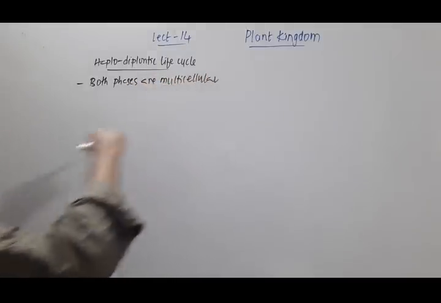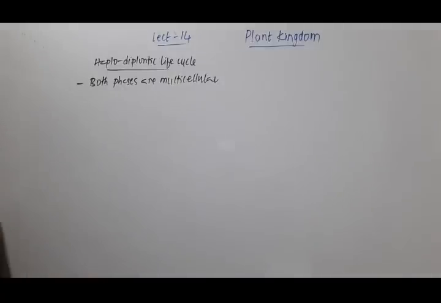You have seen in earlier cases, in some cases the sporophyte is multicellular, in some cases the sporophyte is a single cell, and in some cases the gametophyte is few celled, and in some cases multicellular. But haplodiplontic life cycle is actually an intermediate condition between haplontic and diplontic life cycle. That's why we have called it haplodiplontic, in which both the phases are multicellular.